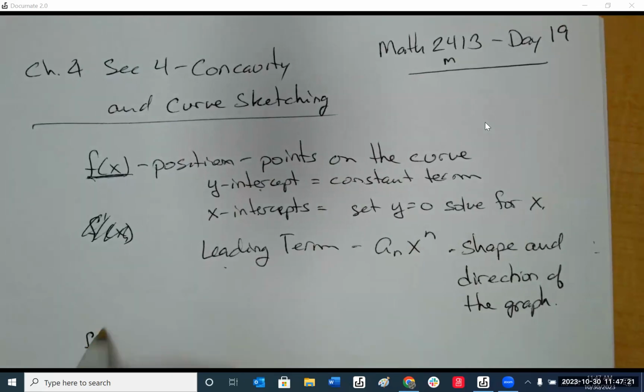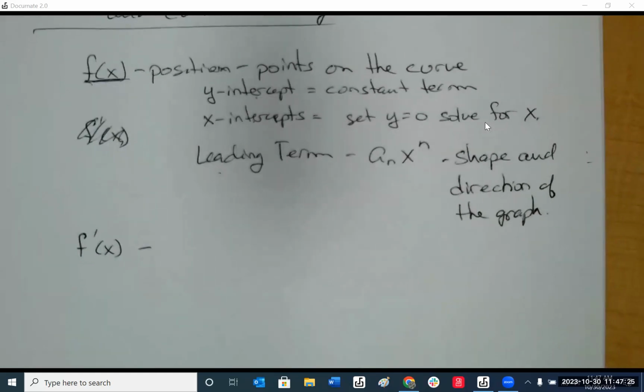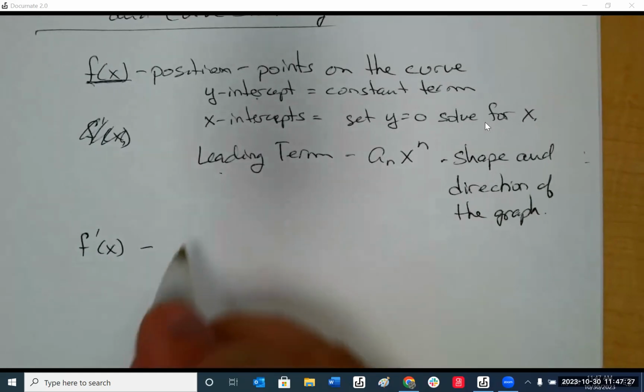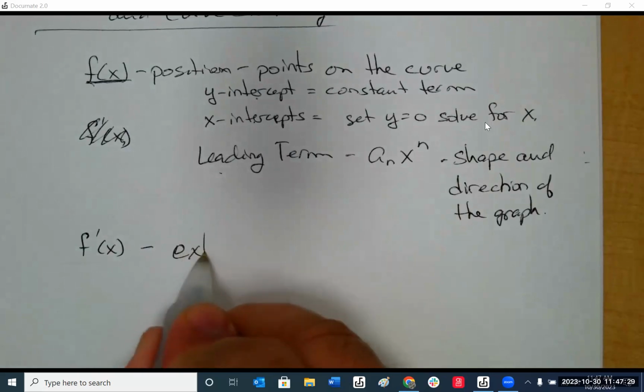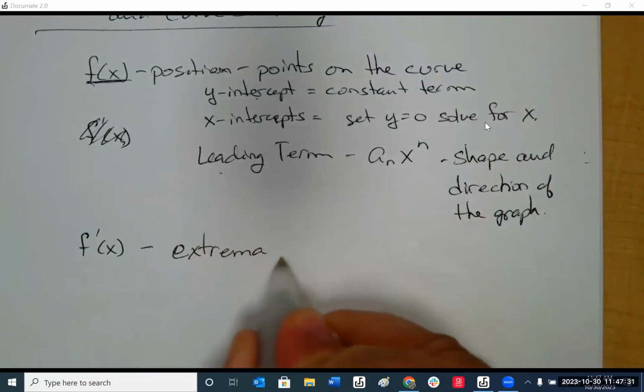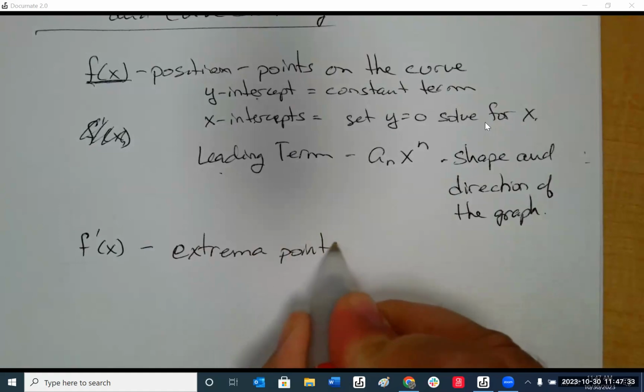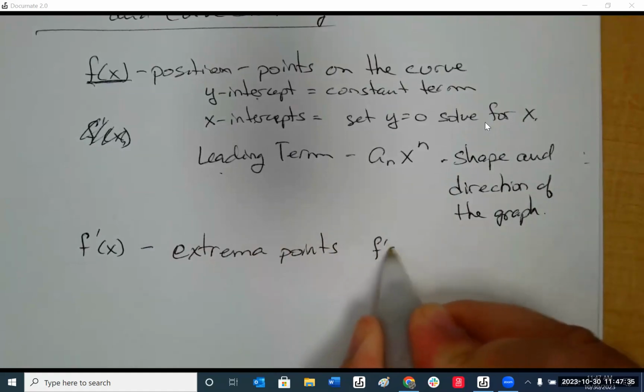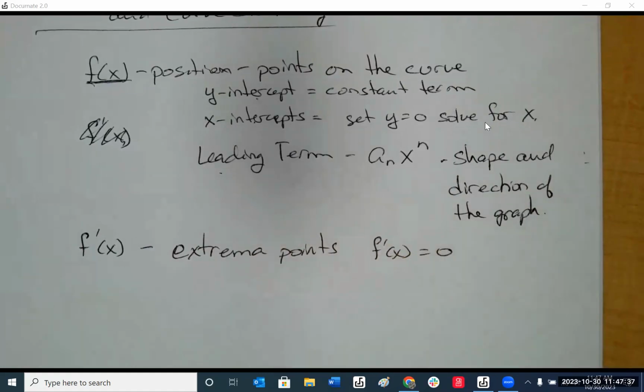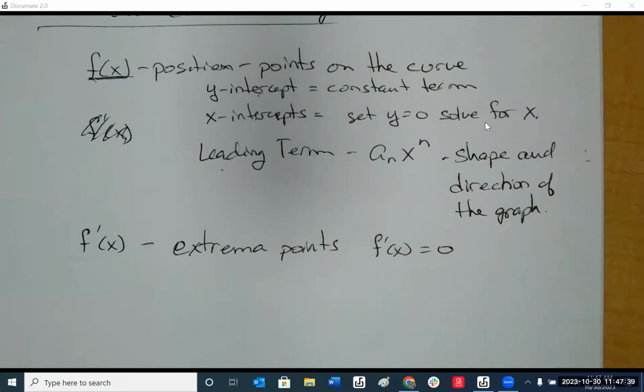Now, what can the first derivative tell us? Extrema points, where f prime of x is set equal to 0. What else can it tell us?